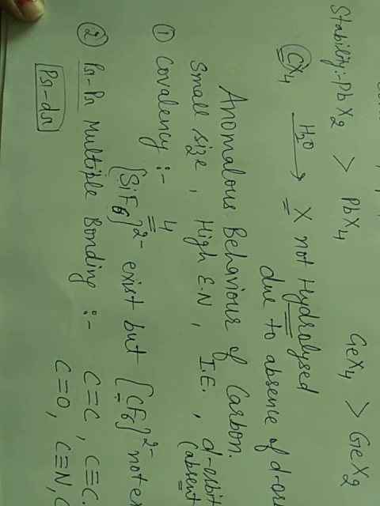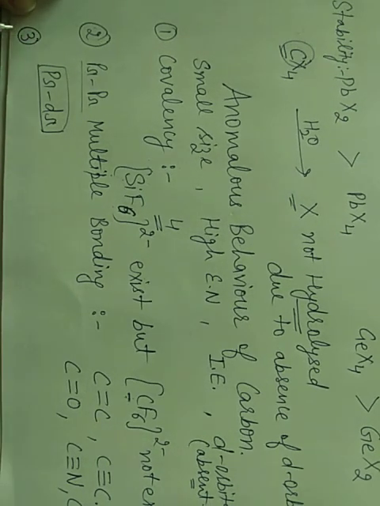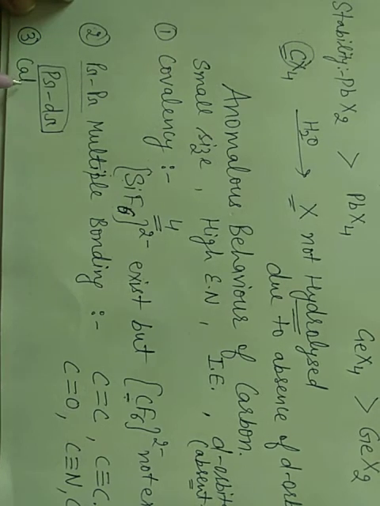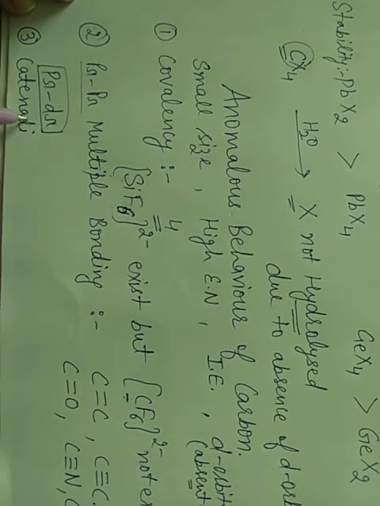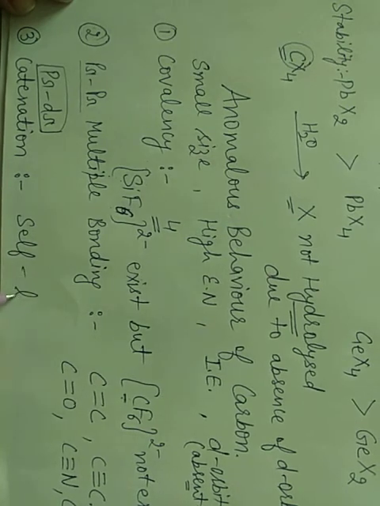Now the third, the last property, is the catenation property. Carbon shows catenation. Catenation means self linking property. In this case, it is the ability of atoms to link together with themselves through covalent bonds.